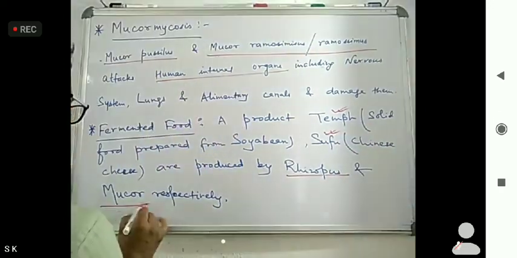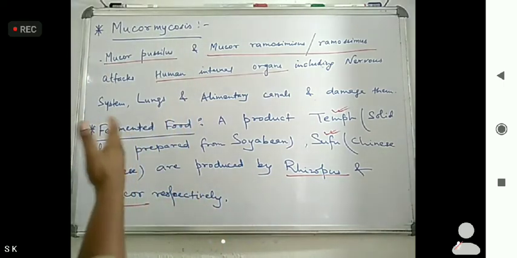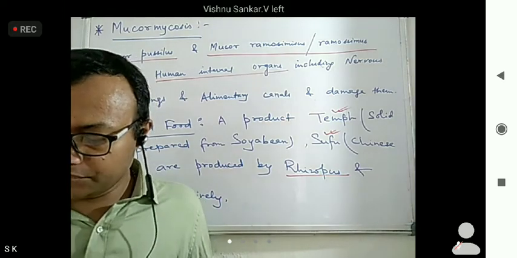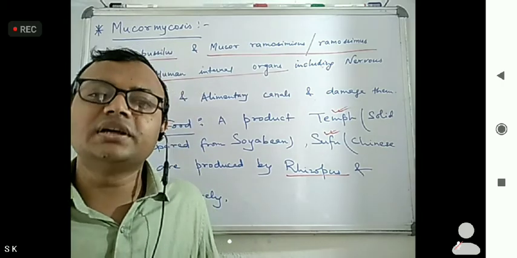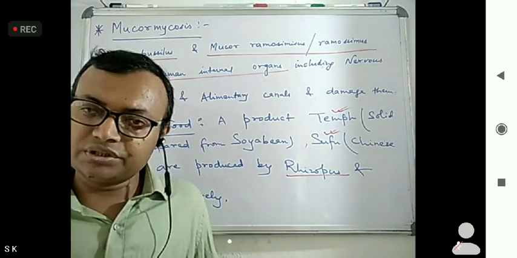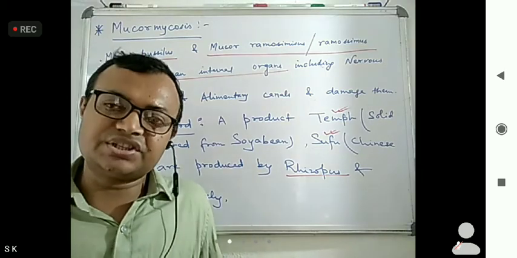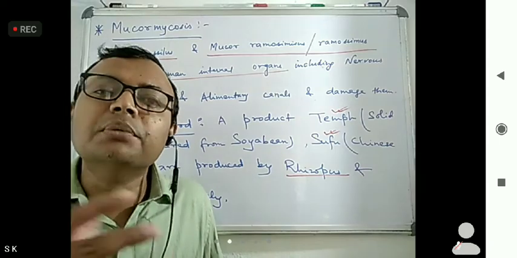So from rhizopus and mucor respectively they are formed, and these are fermented food. If we come to the chemicals, what chemicals are produced? Citric acid is produced by mucor from molasses.